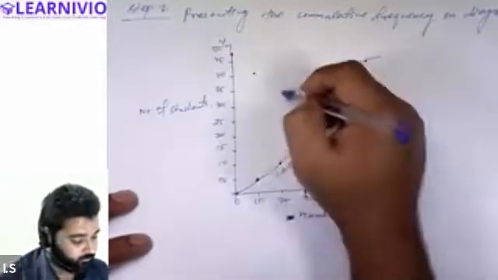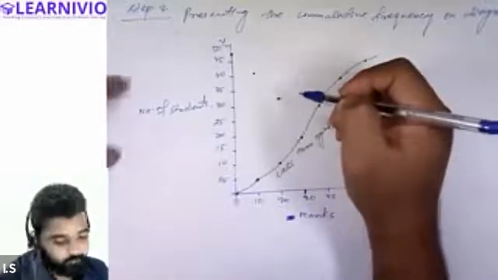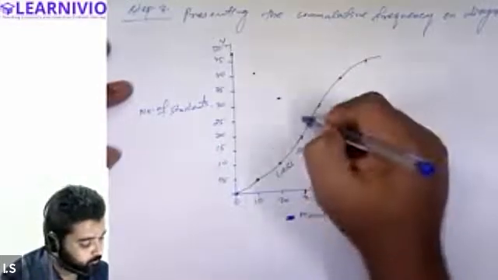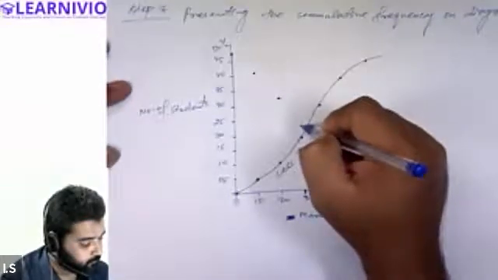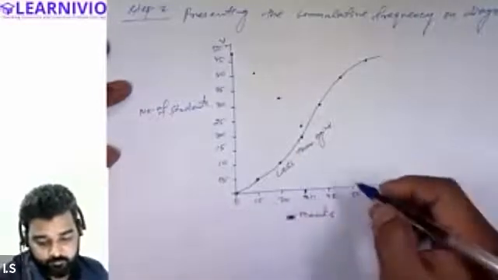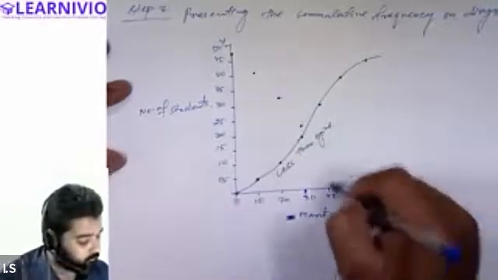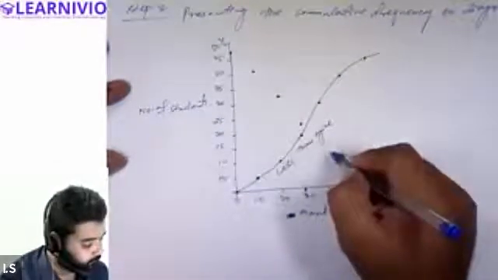Then for 20, it is 34. Then 22. Okay. And then 13. So 13 will be below 15. Okay.